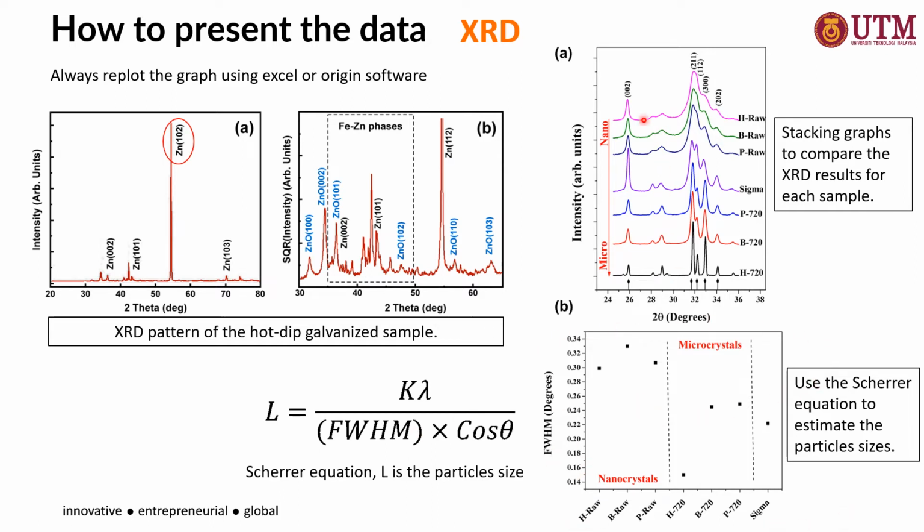For example, this one is the same sample results, A and B. This is the result from the peak, and here are the differences of the particle sizes for each sample. So this is how you can make the data much more interesting and fully analyze your sample properly, with every data you obtain from the XRD results.